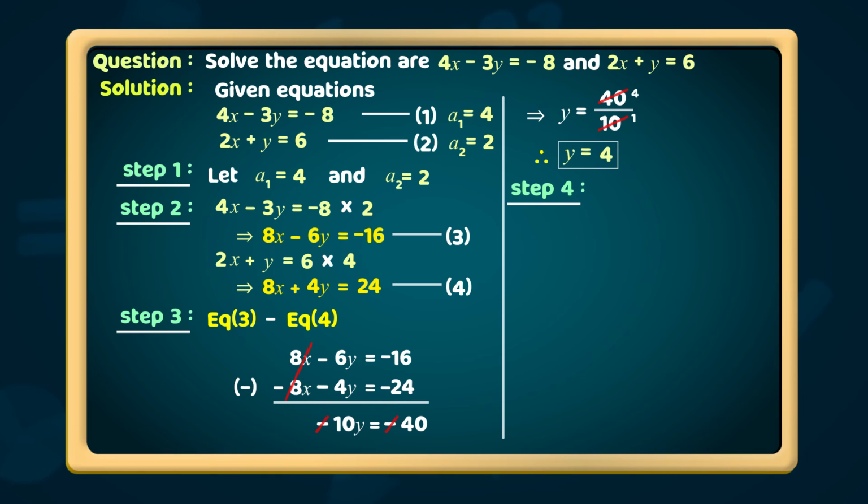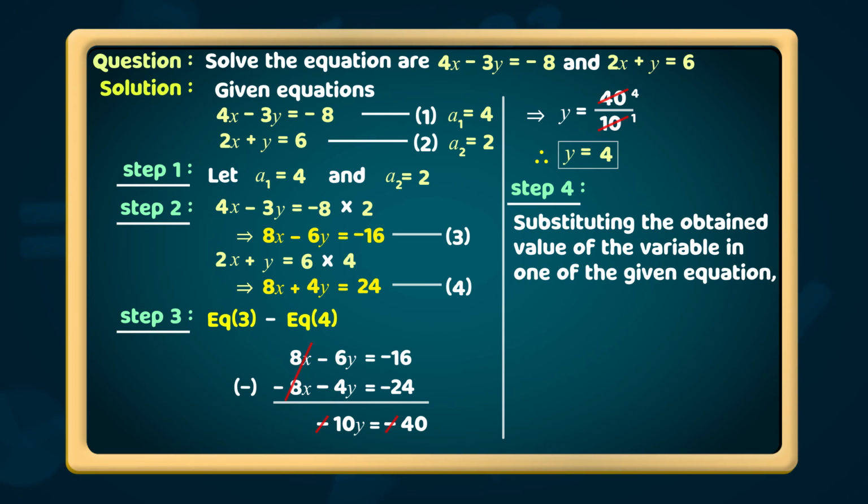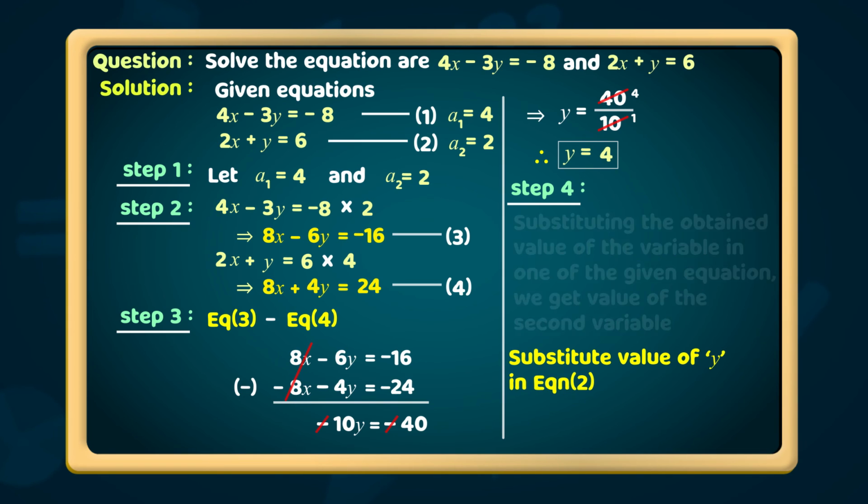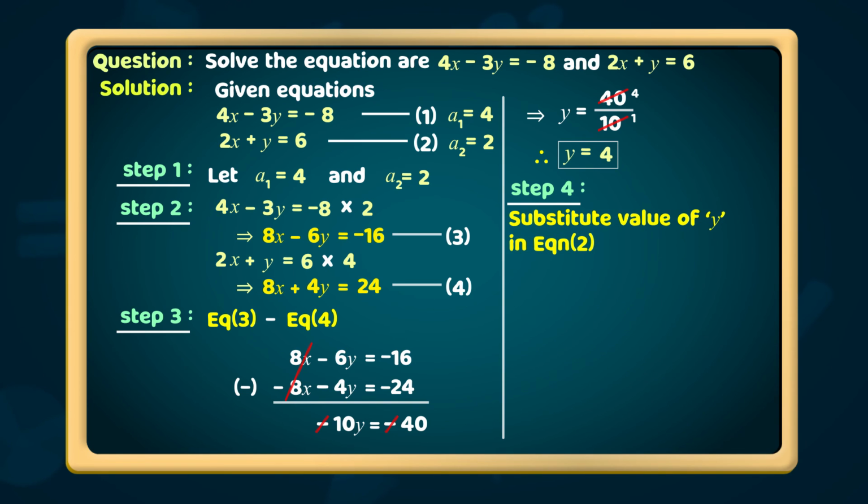Step 4. Substituting the obtained value of the variable in one of given equations, we get the value of the second variable. Step 4. Substitute value of y in equation 2. Equation 2 is 2x plus 4 equal to 6.